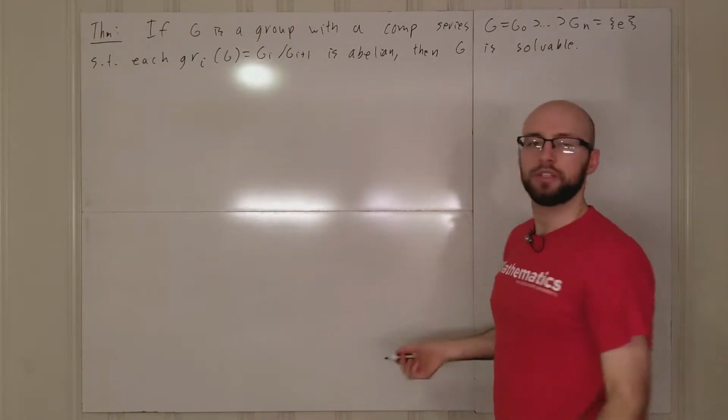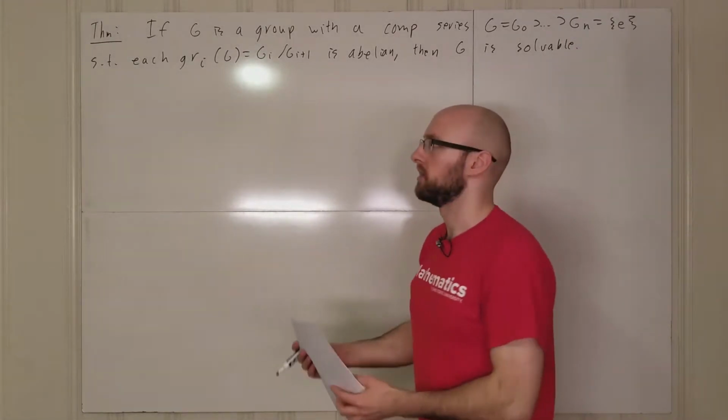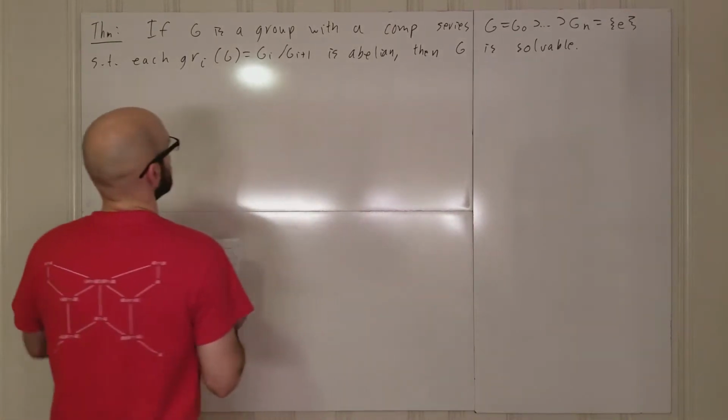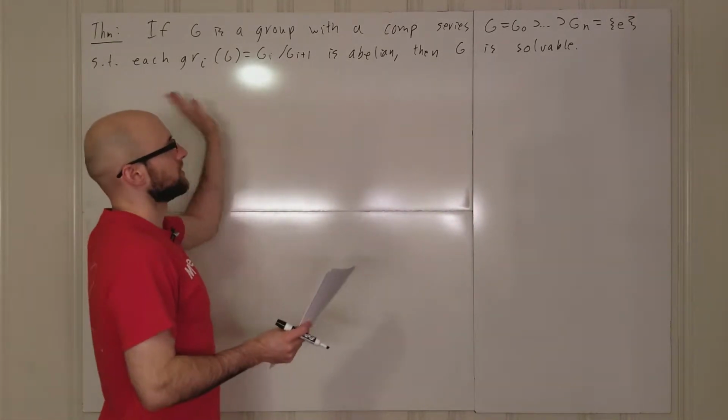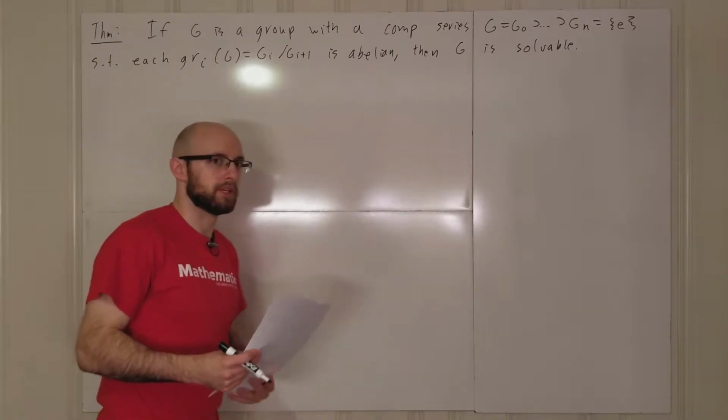So in fact, G is solvable if and only if it has a composition series in which each graded piece is abelian.